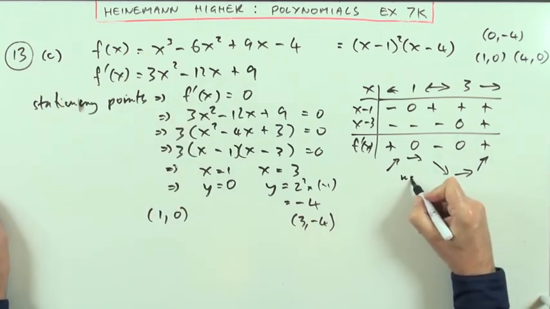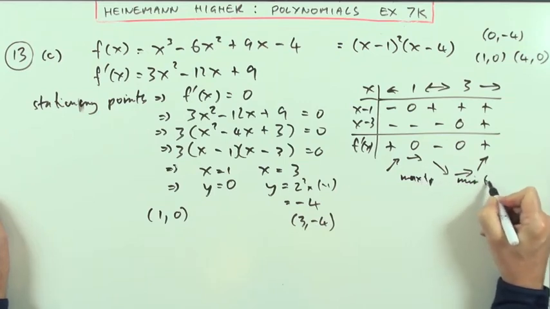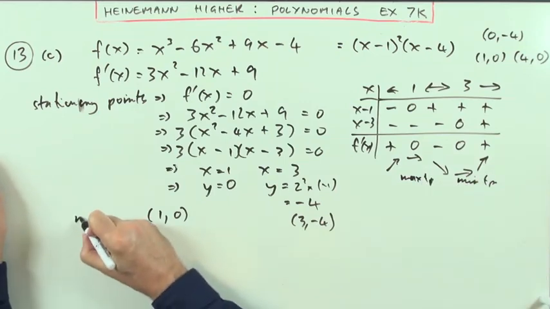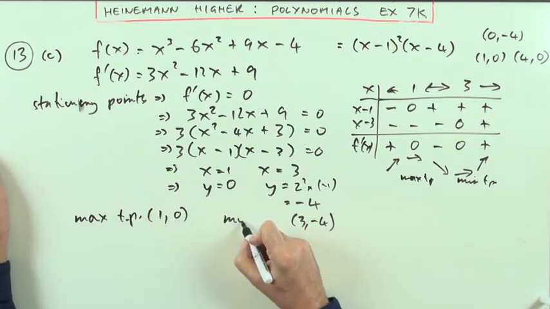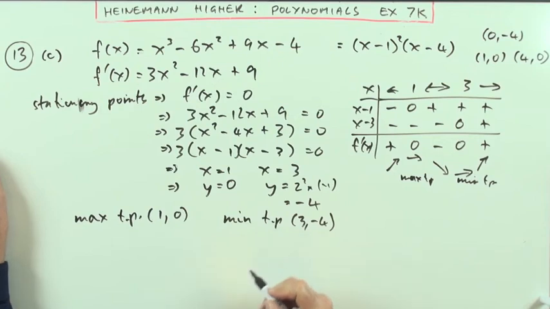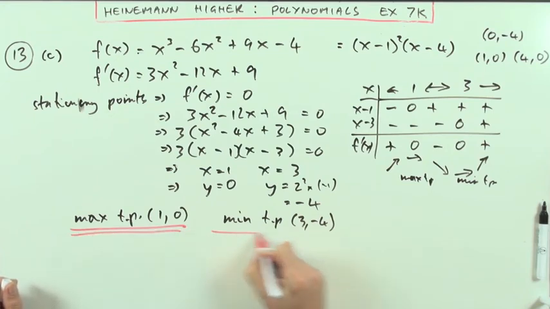I've got a maximum turning point and a minimum turning point. So I'll just put them here. So I've got a maximum turning point at that and a minimum turning point at that. Maybe in the exam I might take extra time just to write that out fully rather than using the abbreviations. So that was part C.